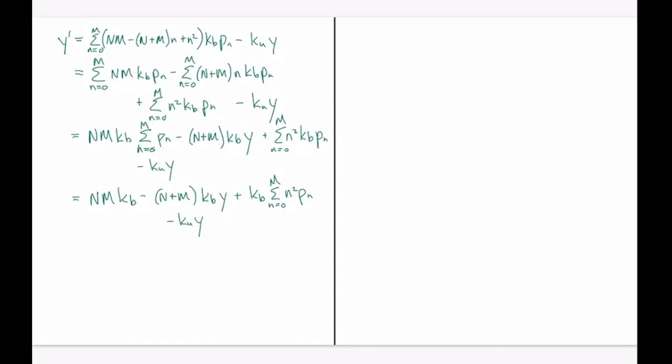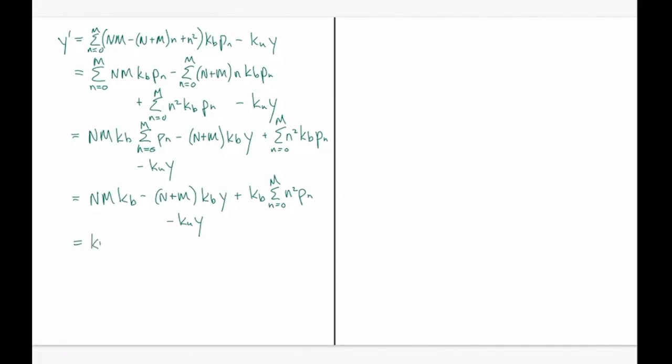So here is where we are starting to see something different than what we've seen before. And that's because this is what we call a bimolecular reaction. You'll notice that this expression here, the nm kb minus n plus m kby, looks like the first two terms of a squared expression. And so we can add and subtract in a term.